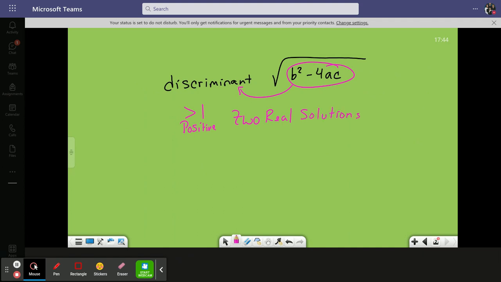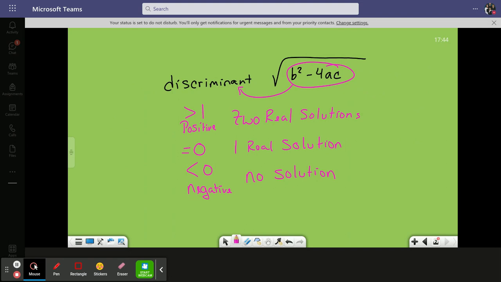If it is equal to 0, then I am going to have 1 real solution. But if it is less than 0, in other words, it is negative, then I'm going to have no solutions.